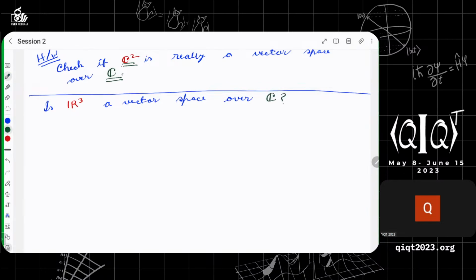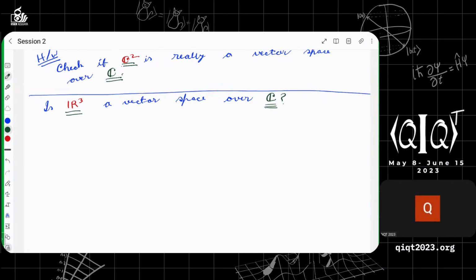So if I consider my field, or set of scalars, to be the complex numbers, then is R3 a vector space? So can somebody enlighten me? I think closure under multiplication is defeated because you can multiply by i and take the vector out of R, right?